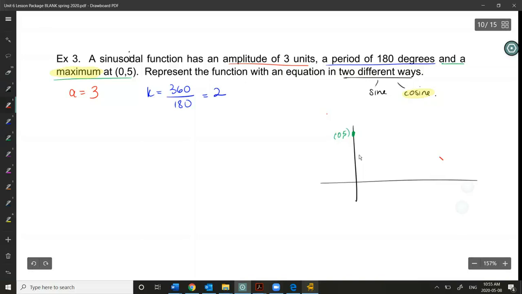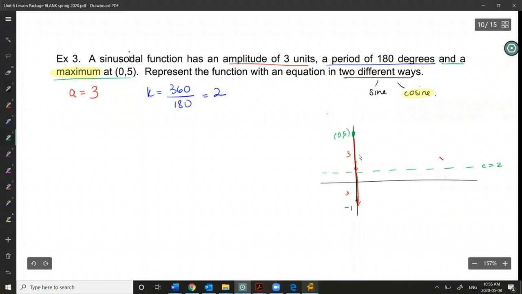So if I count down 3 units from 5, I should hit the midline of my graph. 3 units down from 5 is 2, and that's going to tell me my midline. And if I count down 3 more units, I should hit the minimum of the graph, which would be at -1.